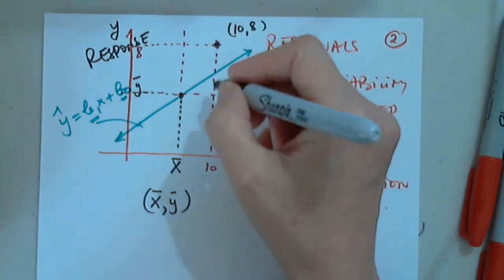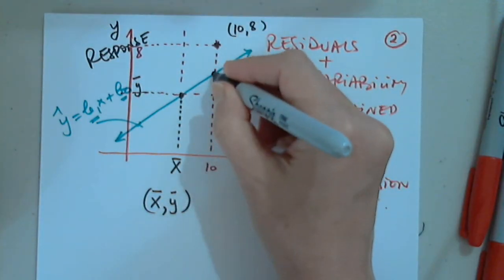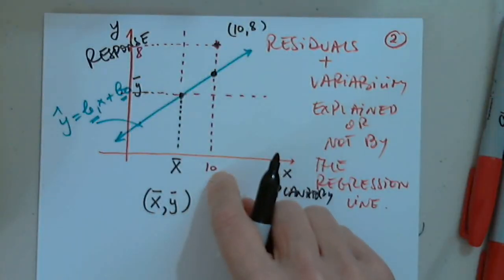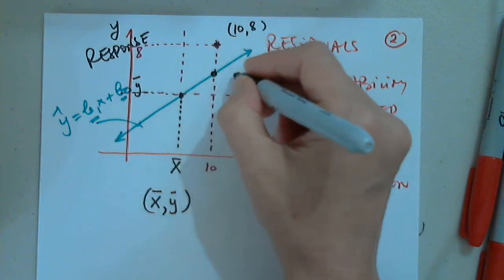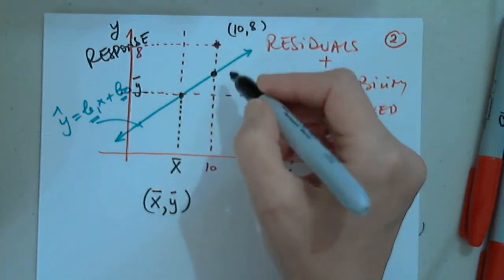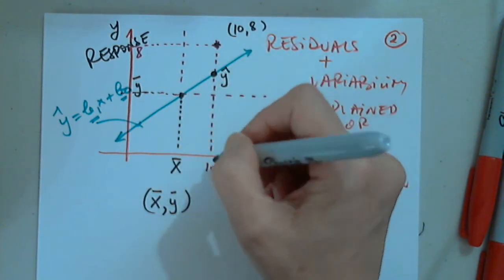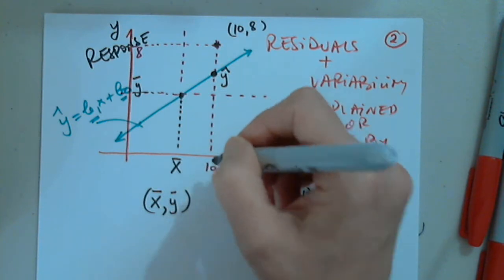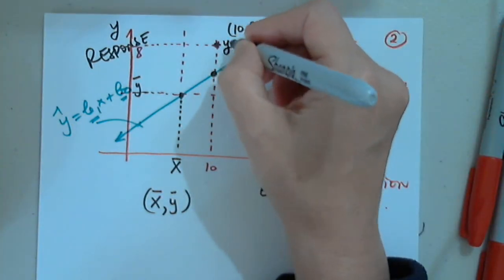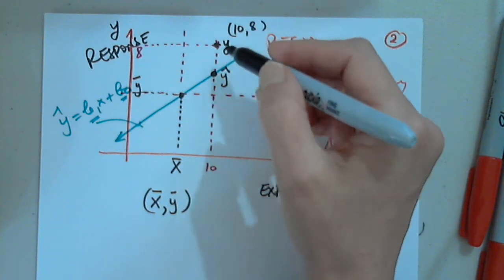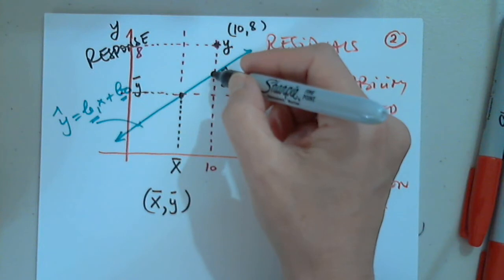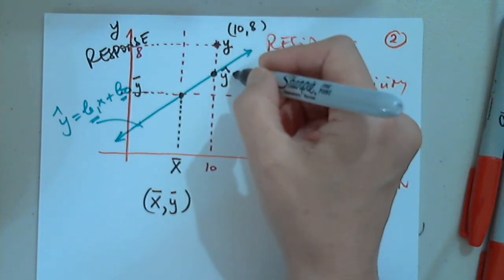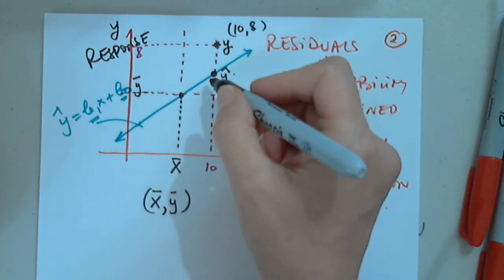The value corresponding to x equals 10, remember, was the predicted one. So this height here is the y hat for x equals 10. This height is the y value for x equals 10, which you gave me as 8. So obviously this is below 8, so let's give it a number: 6.